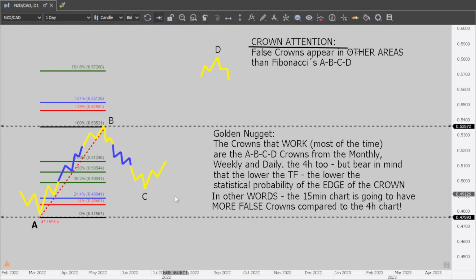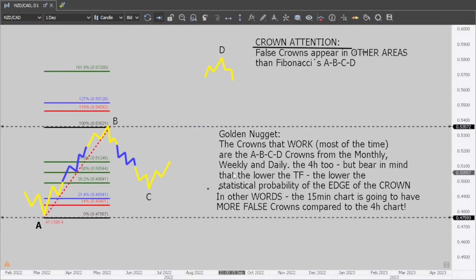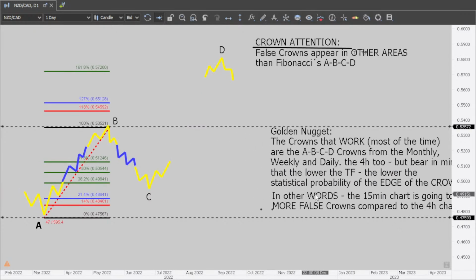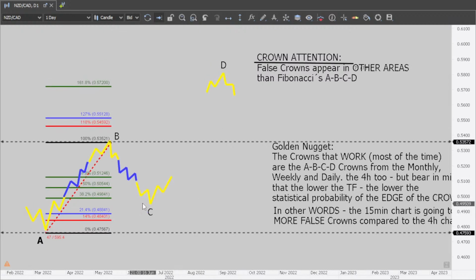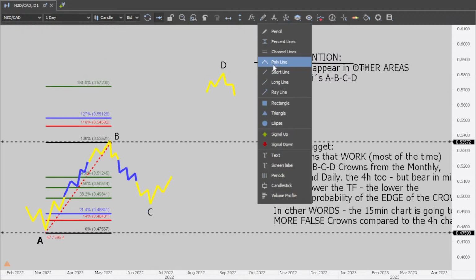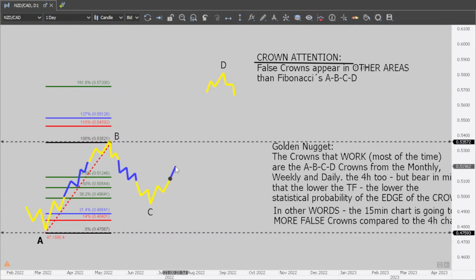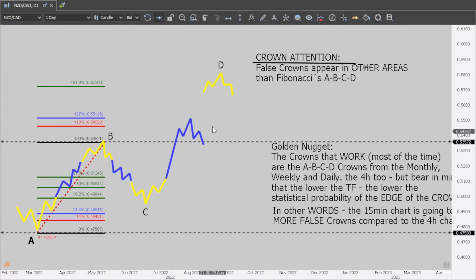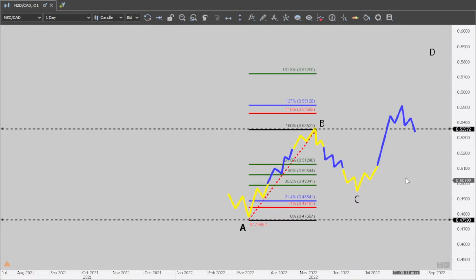This means that if we take in consideration, let's say that the market has found the C, and the market is gravitating up, up, up, and at 118, just an example, let's say that a crown appears in here. This is the Fibonacci that you are trading, everybody. Makes sense?